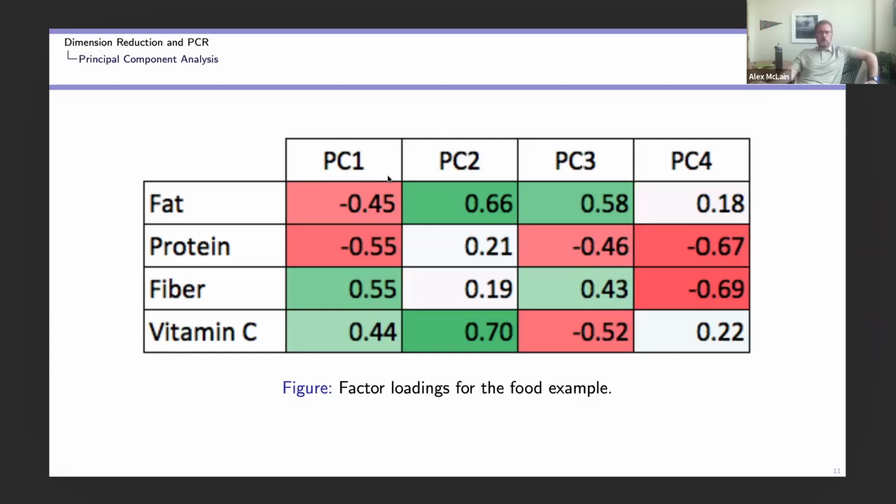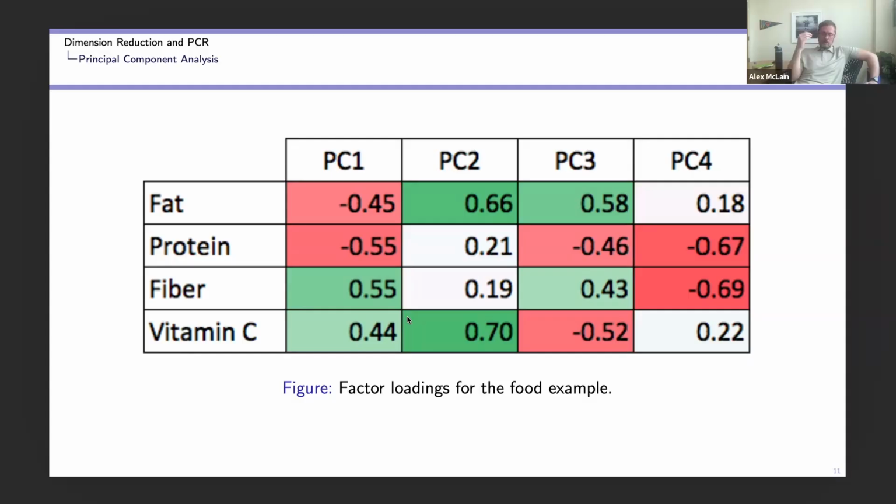So the first principal component, which again explained about 45% of the data, has a negative correlation with fat, a negative correlation with protein, positive correlation with fiber, and a positive correlation with vitamin C. So foods that are high in fat, high in protein, low in fiber, low in vitamin C are going to have large negative principal component 1 scores.